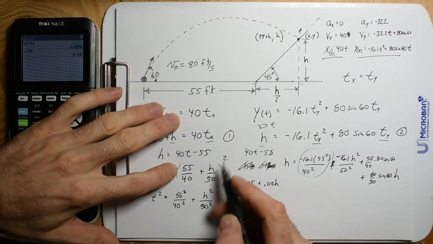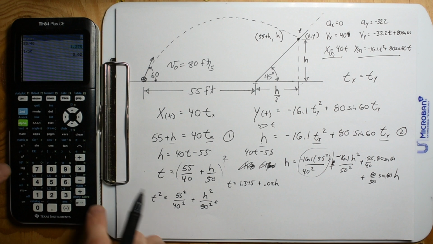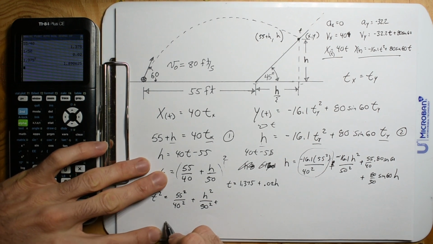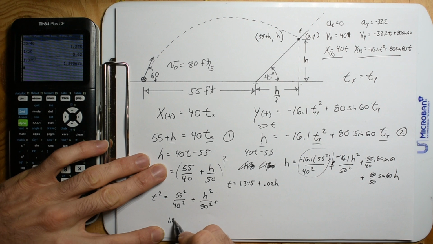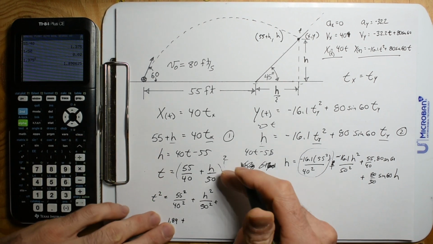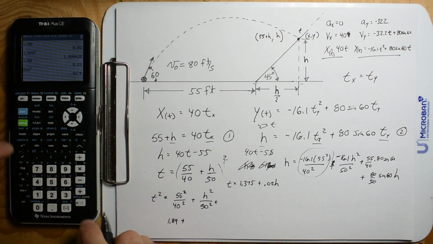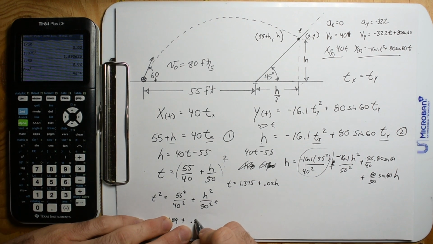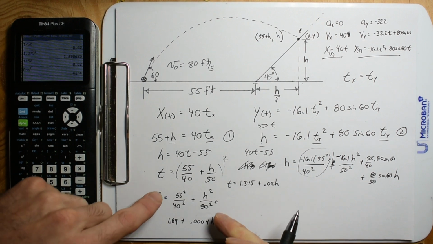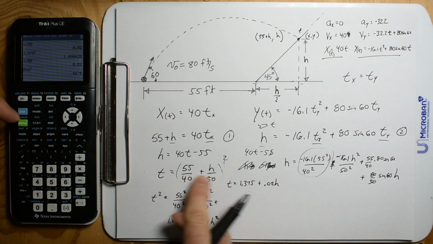Because when we square this, I'm going to have a third term here. Okay, so we're going to have 1.375 squared. That's going to be 1.89. And then we're going to have this squared, which is 1 divided by 50 squared, which is 0.0004 h squared. And then I'm going to multiply these two together.